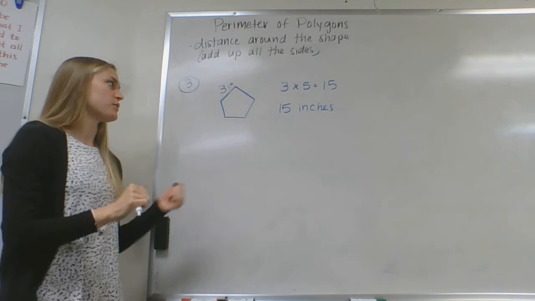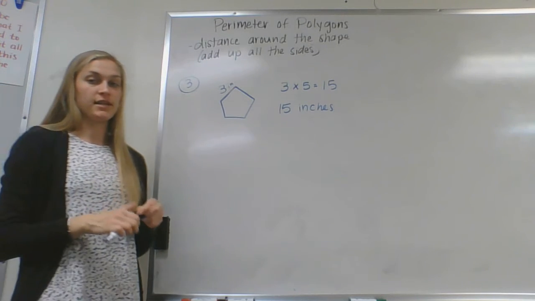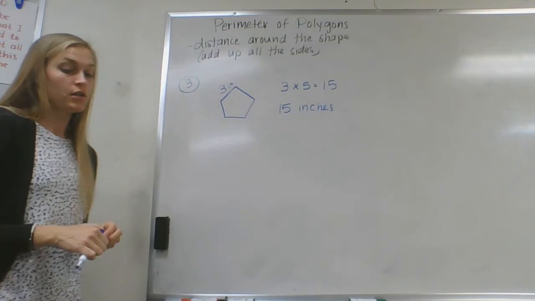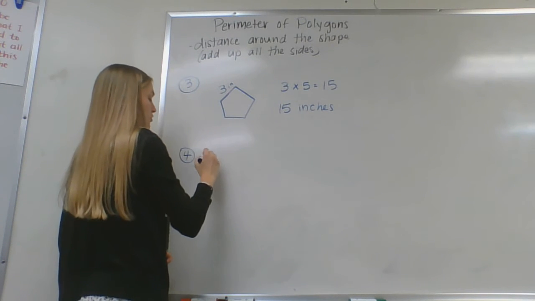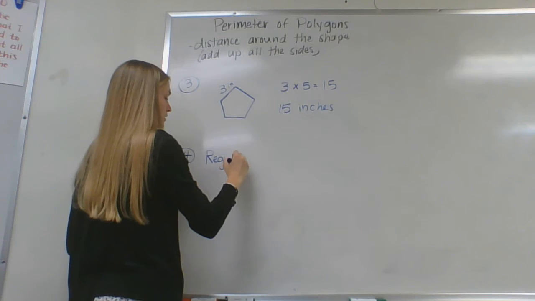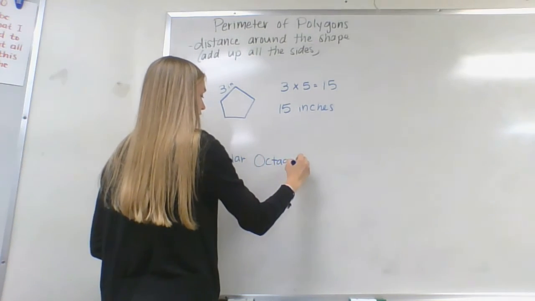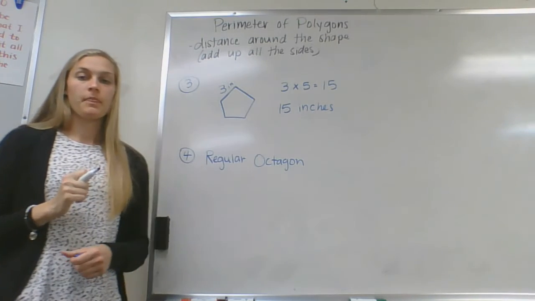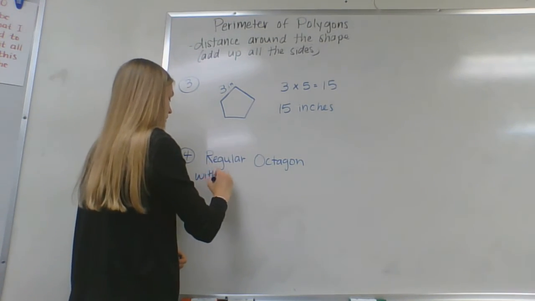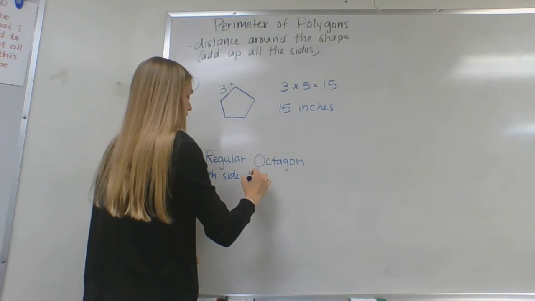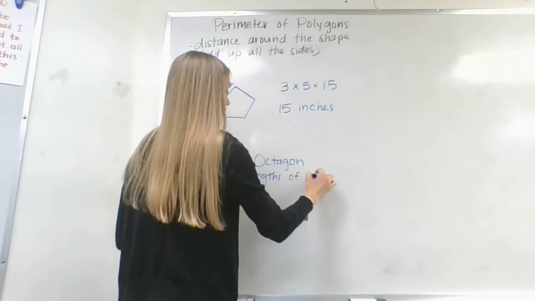Okay, you guys kind of know this with the square, because if you know one side of a square, then you're just going to multiply that one side times 4. Sometimes you might not even have a picture. What if I just told you there's a regular octagon with side length of 4.